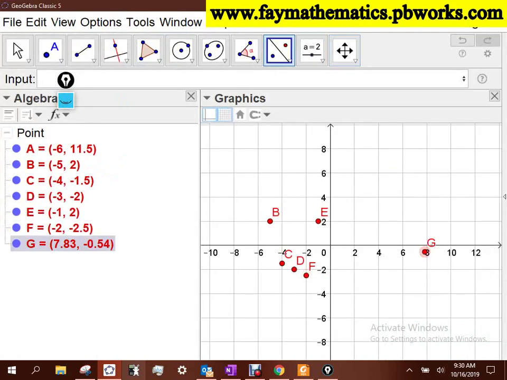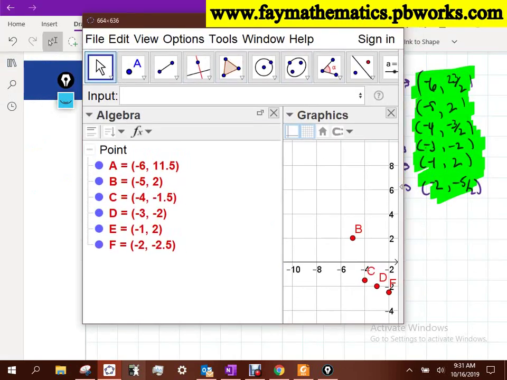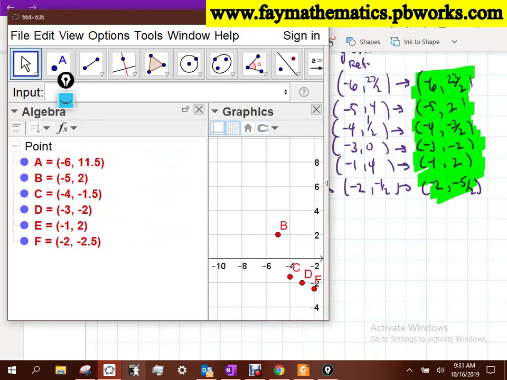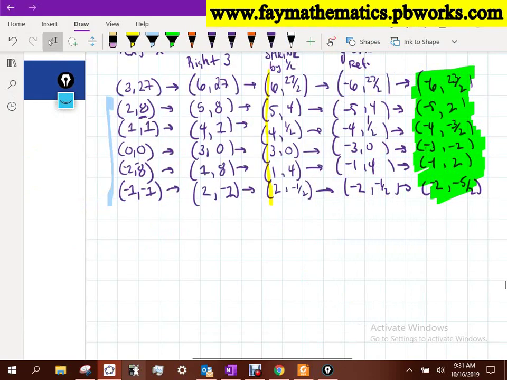What happened here? Oh, this was -8, and I lost my negative here.